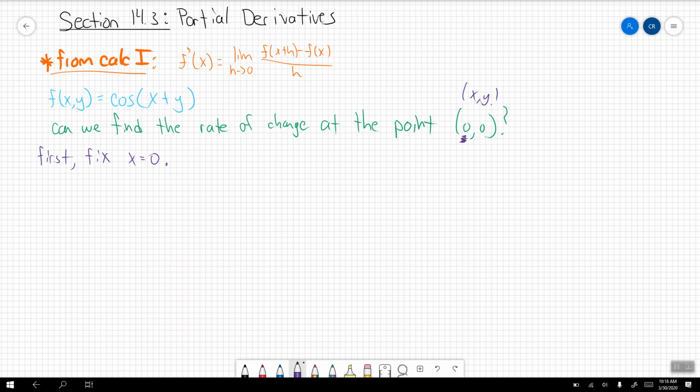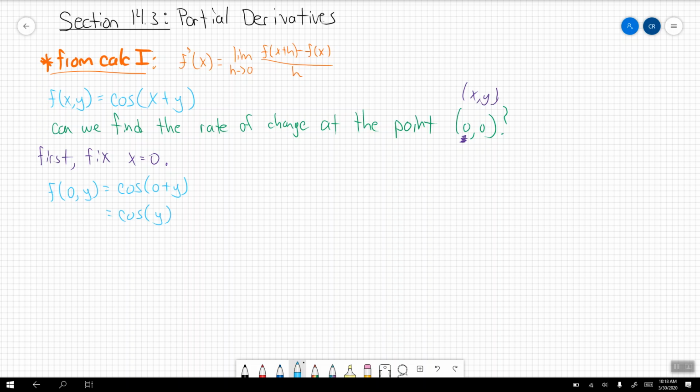Now this becomes f of 0 comma y is equal to cosine of 0 plus y, which then just turns into cosine of y.